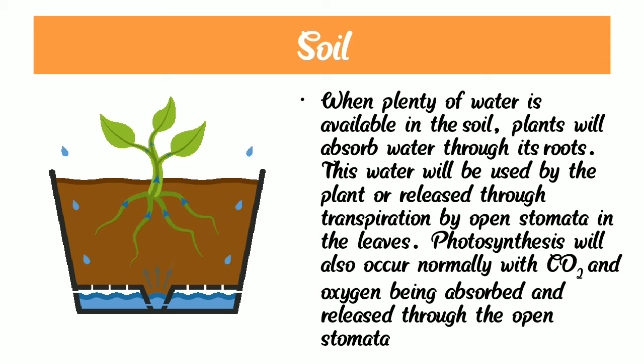So here we find that plants get water from soil, and it's taken up by roots, and this water will be used by the plants or released through transpiration by open stomata in the leaves, and photosynthesis will also occur normally with CO2 and oxygen being absorbed and released through the open stomata.